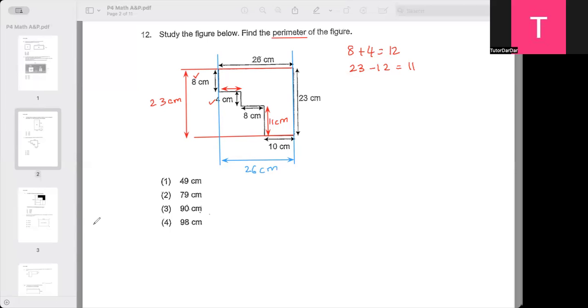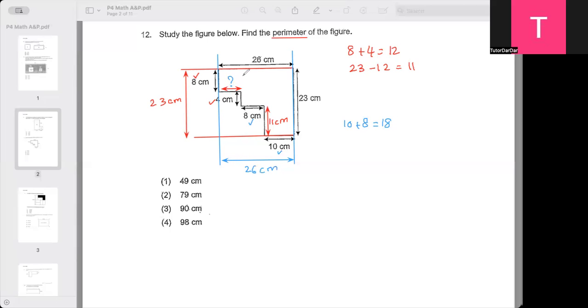So this 26 cm, we already know a portion of it is 10 cm. Another portion is 8 cm. What we don't know is this. So what is 10 plus 8? It will give you 18. And you know this whole thing is 26.